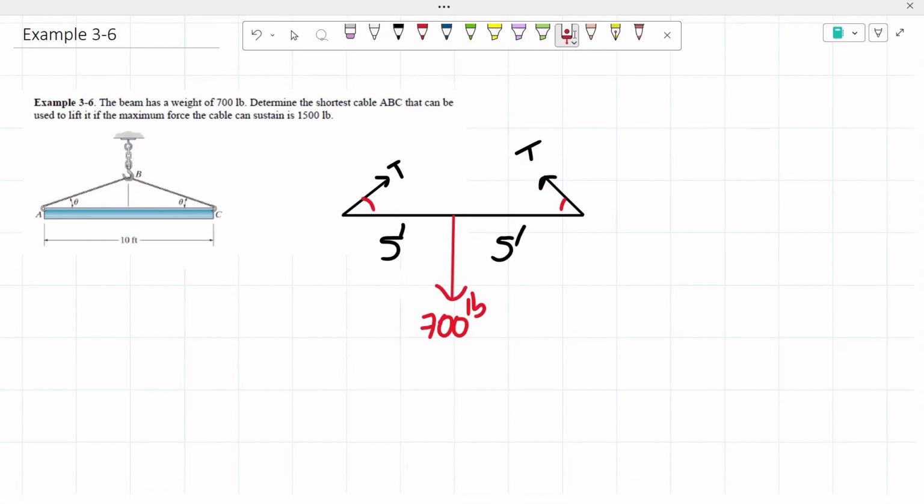So how we're going to do it is we're going to try to find the vertical components of these cables. Since they're at an angle, we're going to find that angle right here, so then we can find its vertical component.